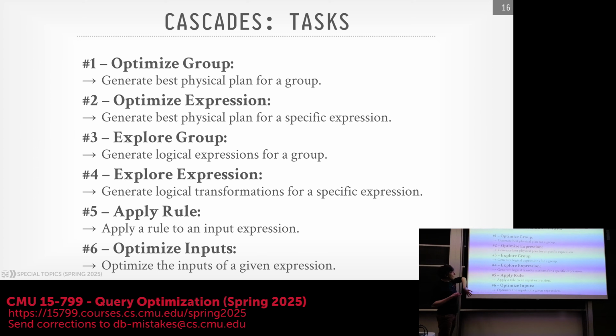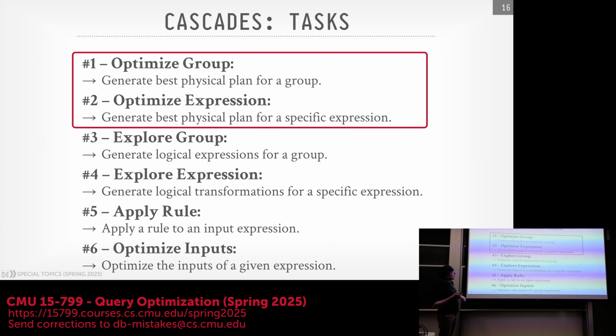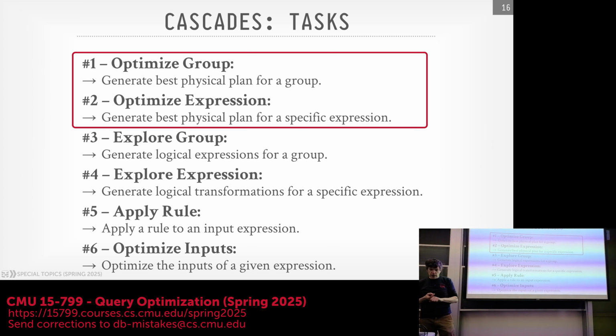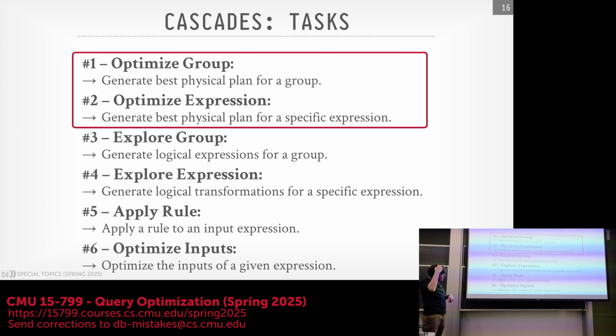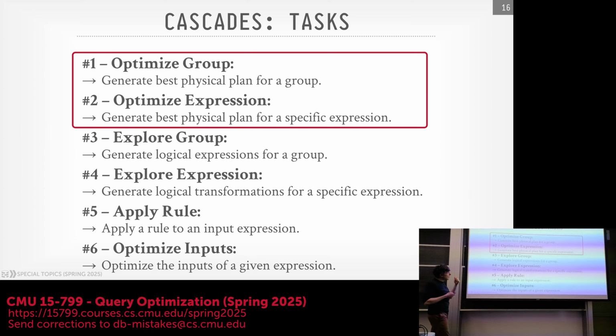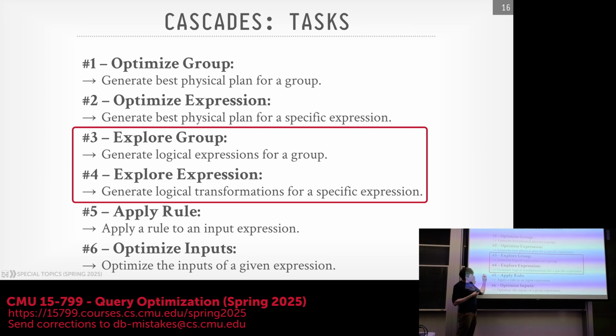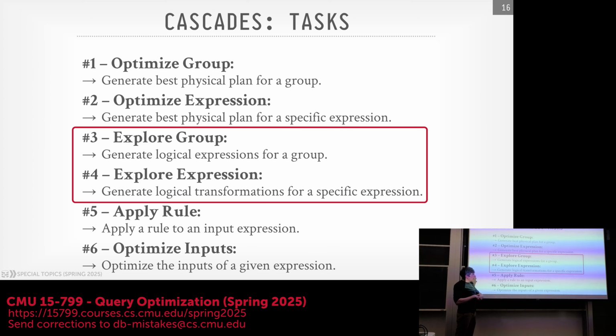So there's sort of three groups of the different tasks you could have. The first are just doing optimizations of either a group or expression to generate the best physical plan for any one specific target. And then the explore options are going to be looking at the group or expression and applying all the logical transformations that you would have to generate more expressions or more groups, right?